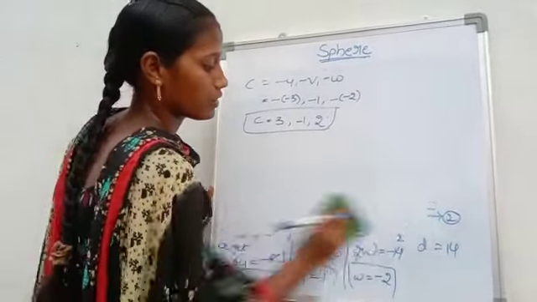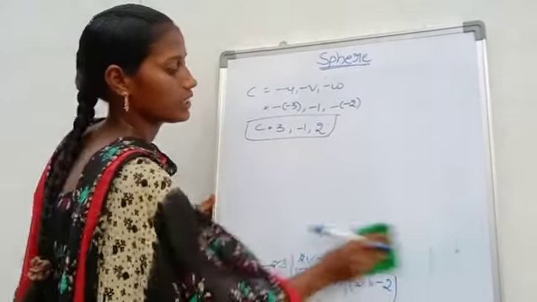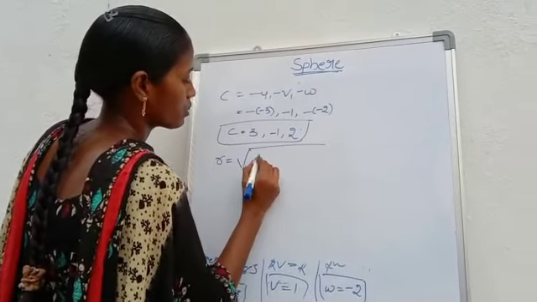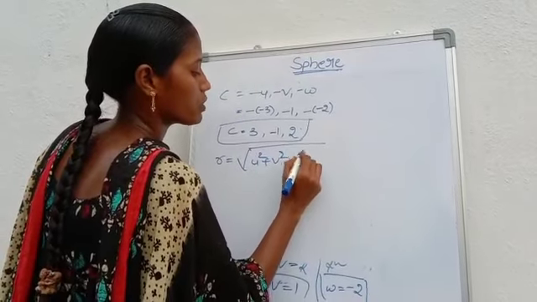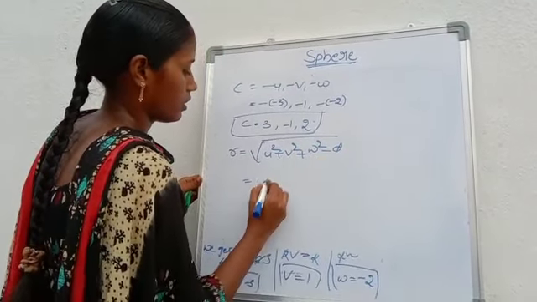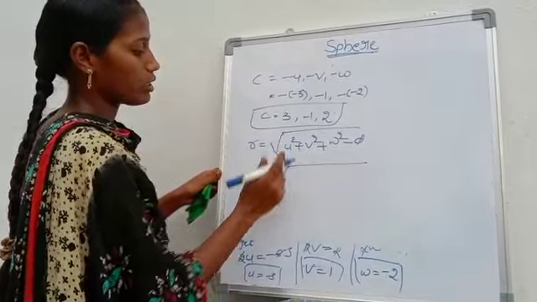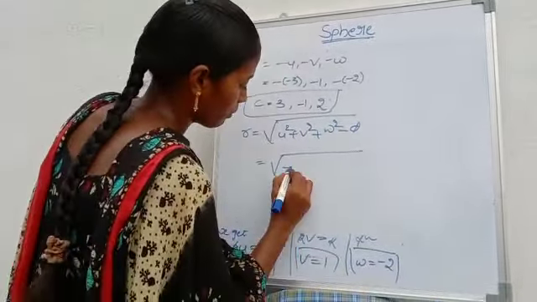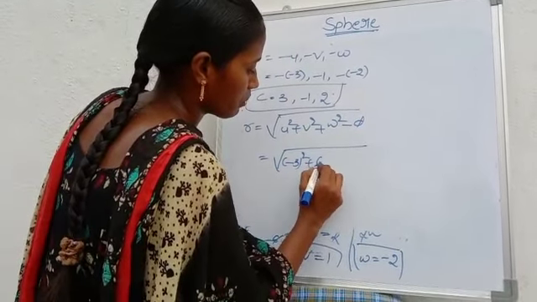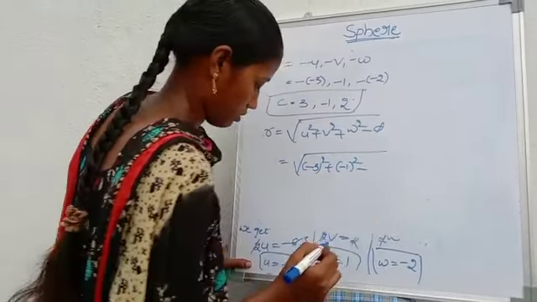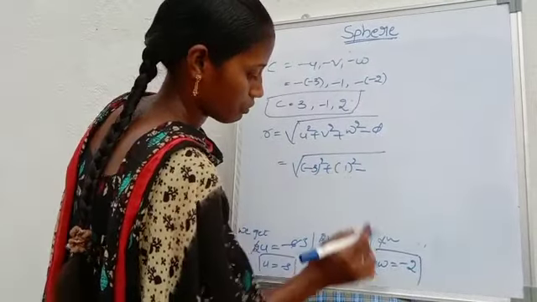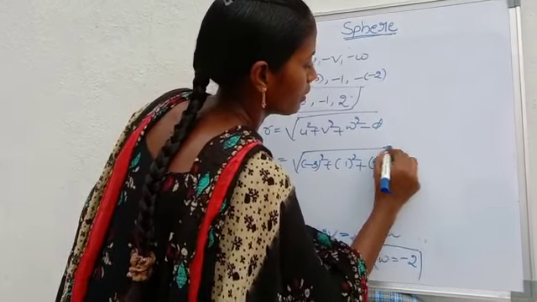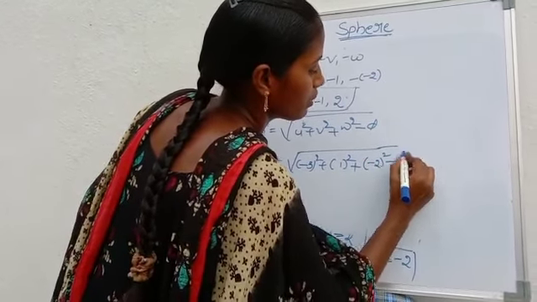And the radius. We also know the radius: r equals under root u square plus v square plus w square minus d. Substituting the u, v, w values in this equation: minus 3 whole square plus minus 1 whole square plus minus 2 whole square minus d, which is 14.